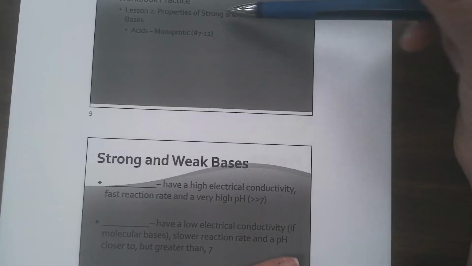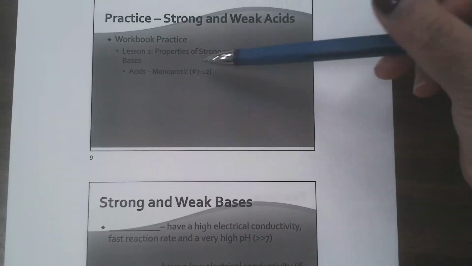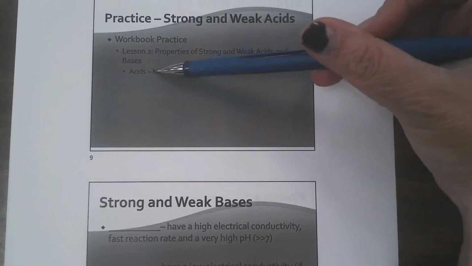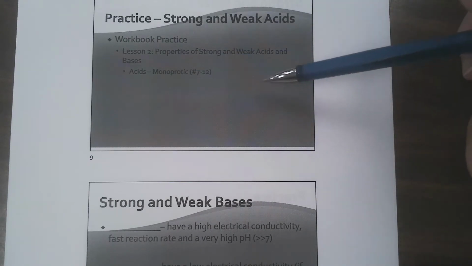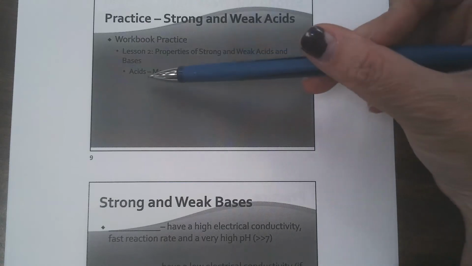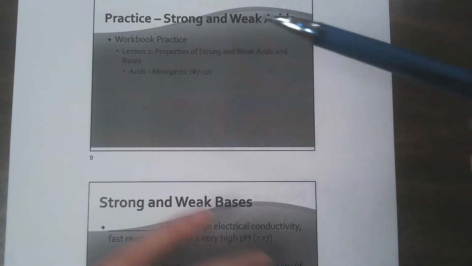So let's pause it here and go and work on properties of strong and weak acids. So you're going to go and work through lesson number 2, properties of strong and weak acids, and you're going to look at monoprotic acids.